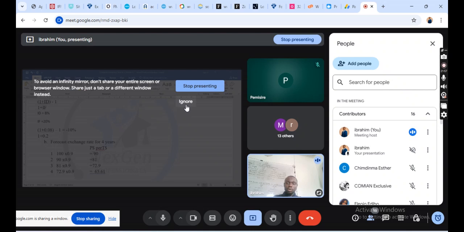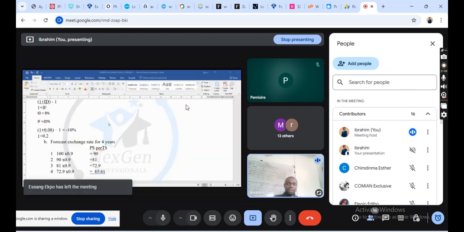P dollar is a domestic inflation rate. Then you have to forecast for 4 years. It means that the spot rate for P dollar, the domestic, we decrease by 10%. You can use the usual formula, right?